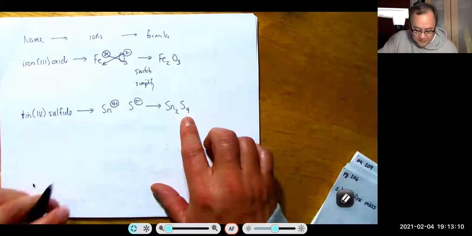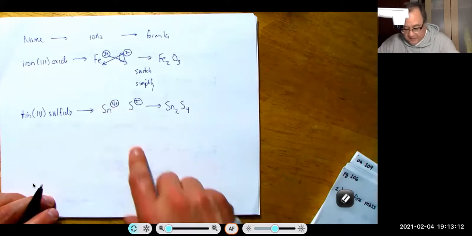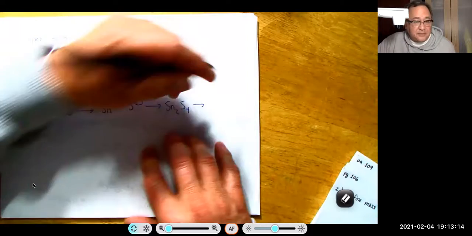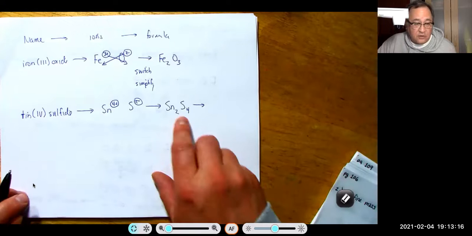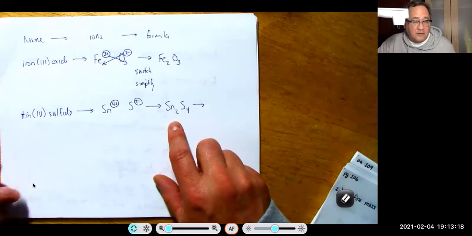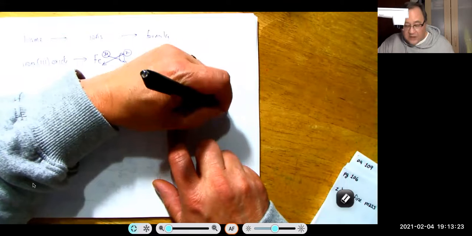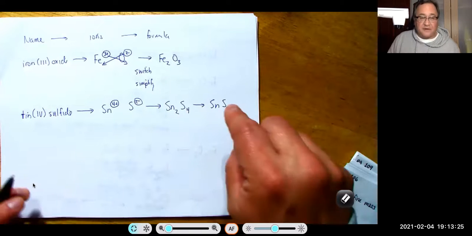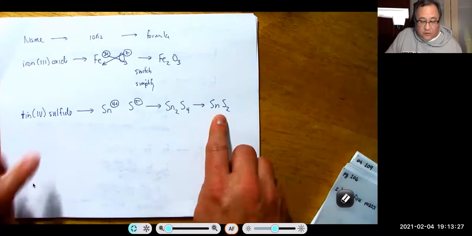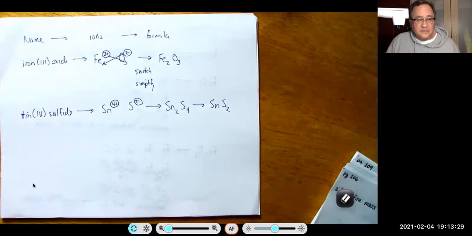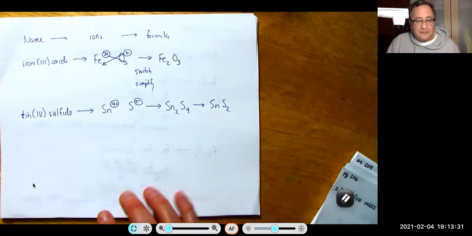The 4 becomes the subscript for sulfur. Can this be simplified into an equal ratio? 2 to 4 could also be thought of as 1 to 2. This is simplified. This is tin 4 sulfide. Any questions there?